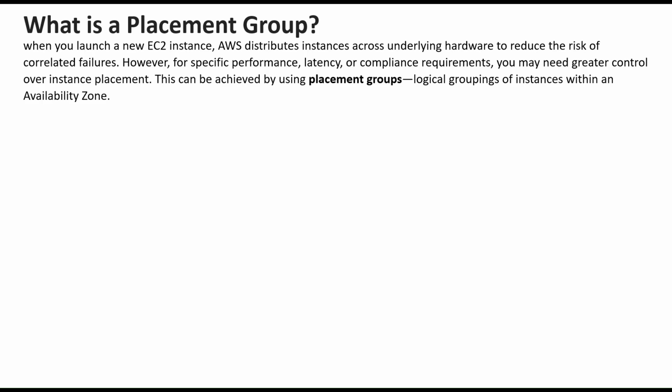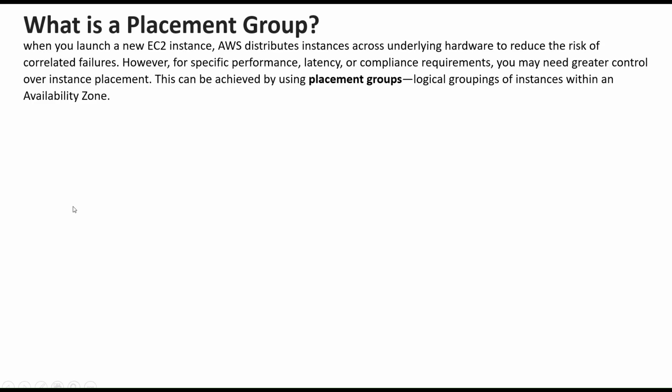In the beginning, when we discussed the AWS global infrastructure, we saw that under a region we have multiple availability zones. In each availability zone we have different data centers, and in each data center we have different racks.